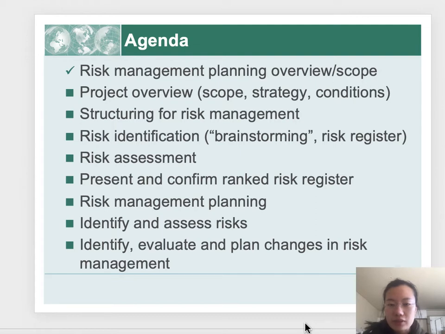Our agenda is based on it: project overview, structuring for risk, risk identification, risk assessment, present and confirm the ranked risk register, risk management planning, identify and assess risks, identify, evaluate, and plan changes in risk management.